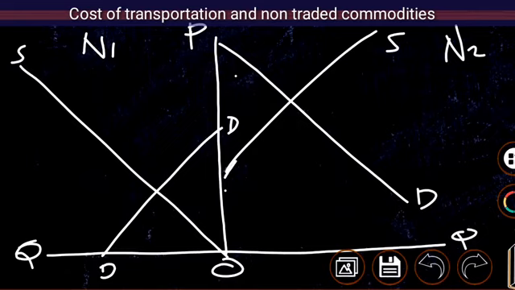If there is no trade, nation 1 will be producing this much quantity at this much price, and country B will be producing this much quantity at this much price.